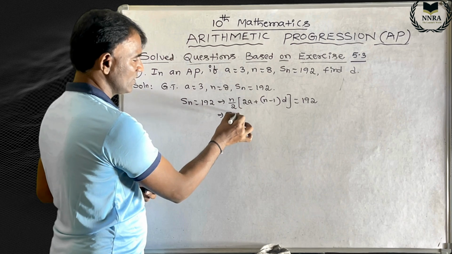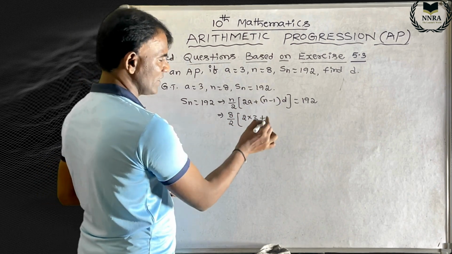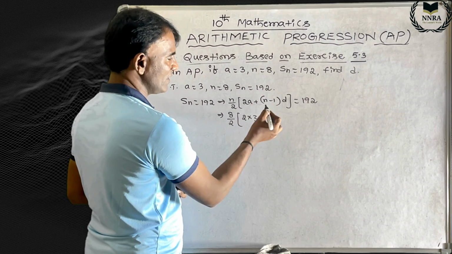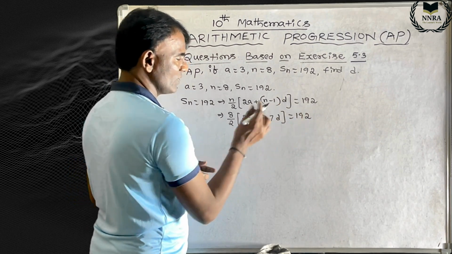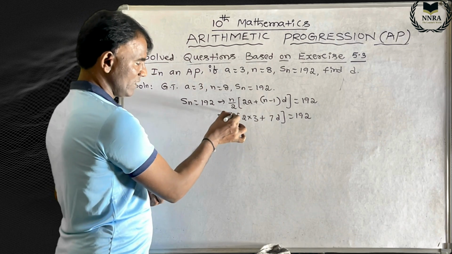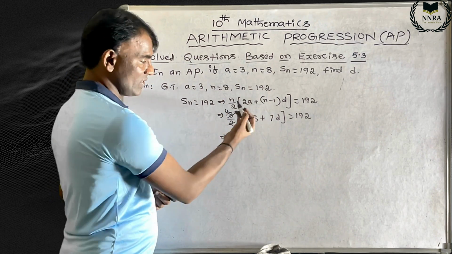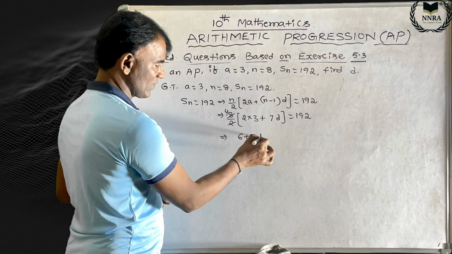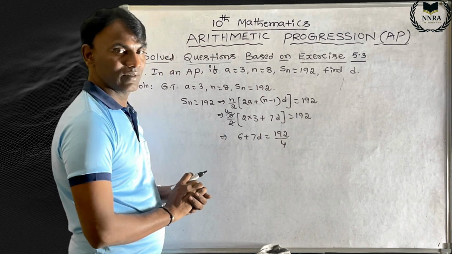8 by 2, so it is 2 into 3. Again n minus 1, 8 minus 1 is 7 into d equal to 192. Now here the 4 gets cancelled. In next step write 4 that side. So here we get 6 plus 7d equal to 192 divided by 4.